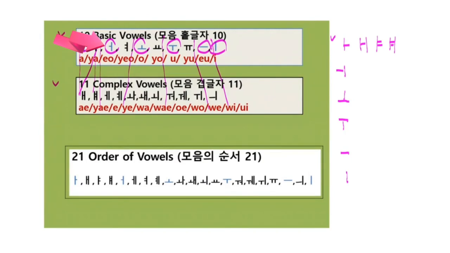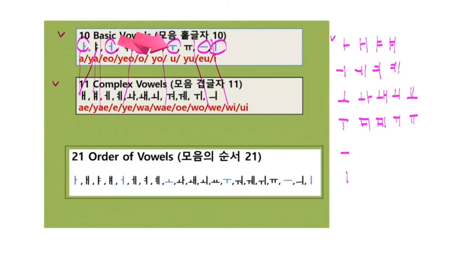O, E, Yo, Ye. Okay. Did you find it? Okay. Next. O, Wa, We, You. Okay. Next. U, Wo, We, You.